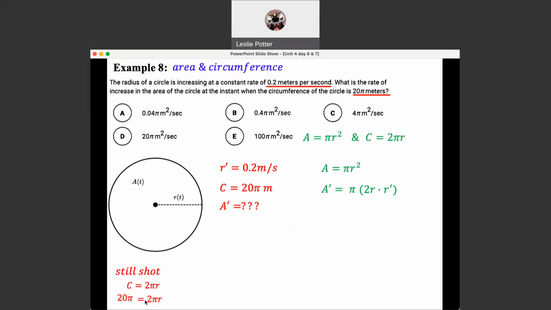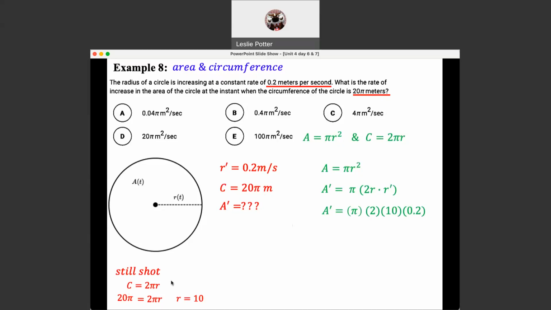And so that gives me a radius: 20 pi equals 2 pi r. I'm going to divide out the 2 pi. That gives me a radius of 10. And so I get pi times 2 times 10 times r prime.